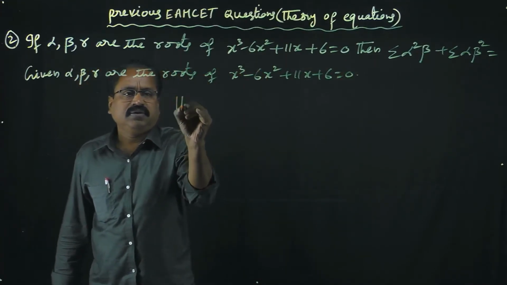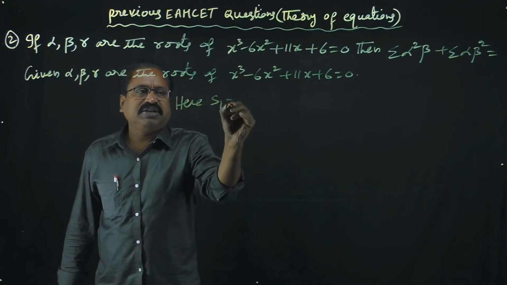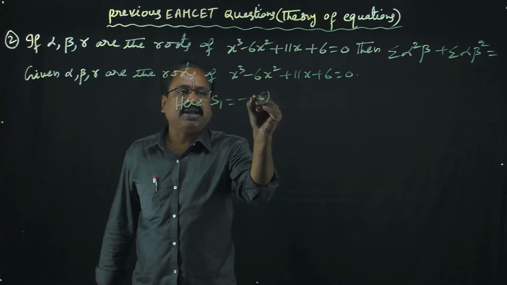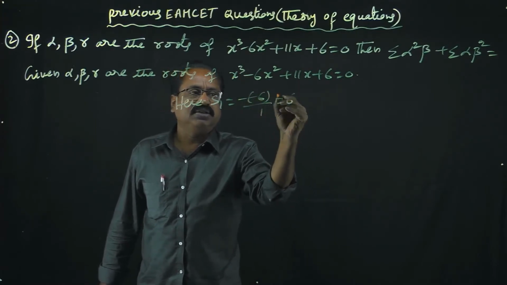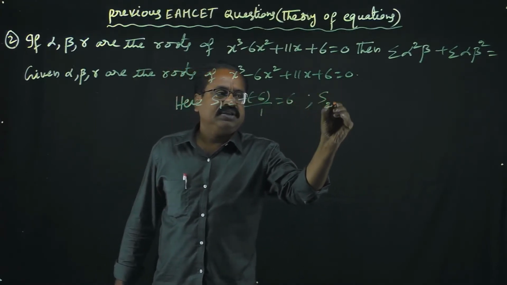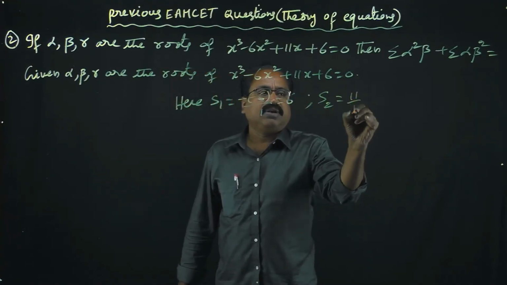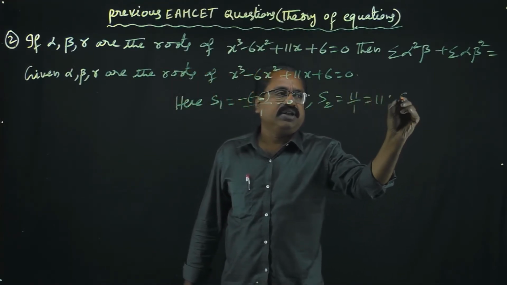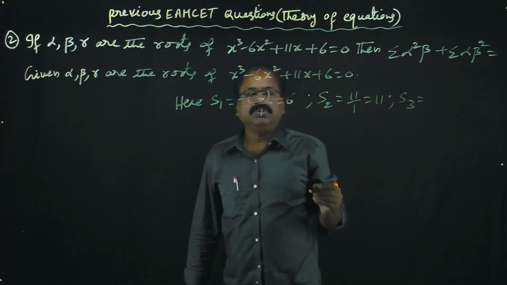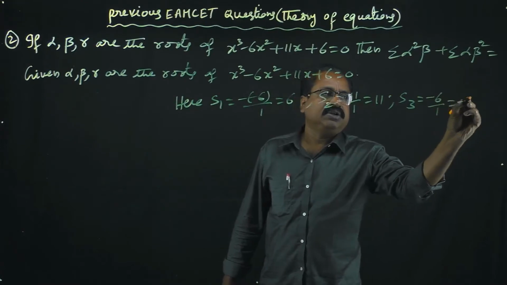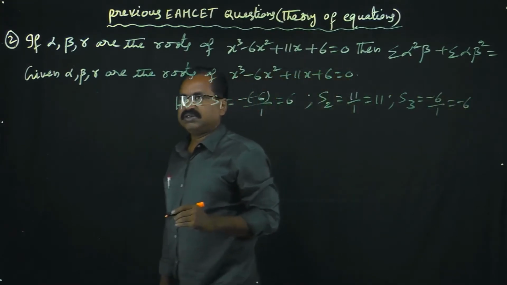Here S1 is equal to minus a1 by a0, minus of minus 6 by 1, that is equal to 6. S2 is equal to a2 by a0, 11 by 1, that is equal to 11. S3 is equal to minus a3 by a0, minus 6 by 1, that is equal to minus 6.